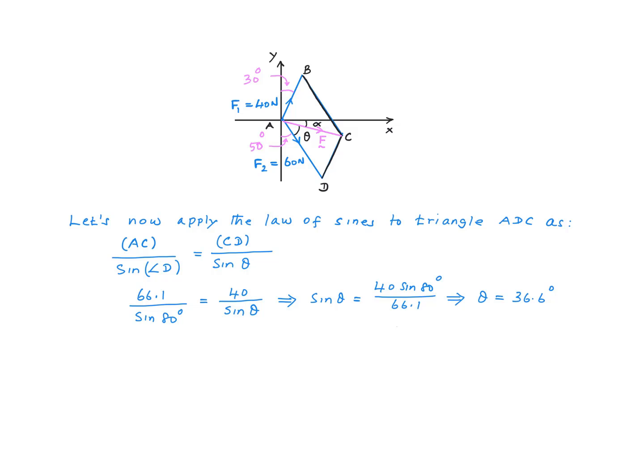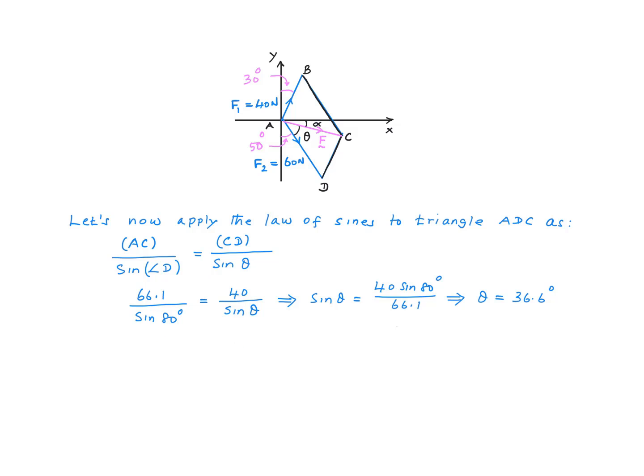So once again, considering that triangle ADC, AC divided by sine of angle at point D equals CD divided by sine theta, right? We just found a value for AC in the previous slide, which is 66.1 Newton. So 66.1 divided by sine 80, remember the angle at point D is 80 degrees, equals 40 divided by sine theta.